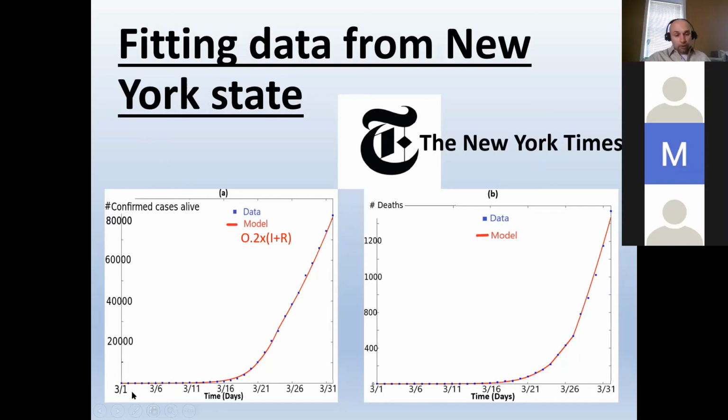And so, as you see, the model fits the real data. But to fit the real data, we had to adjust the K, right? So the thing goes like that.